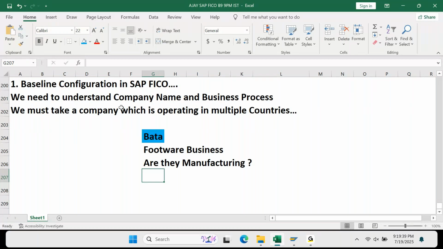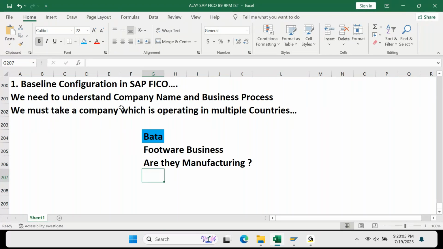Now, for you to manufacture your own footwear, you need raw material or not? Yes. For you to manufacture footwear, you need raw material. Somebody will donate it to Bata, or Bata will purchase the raw material? Bata will purchase it.